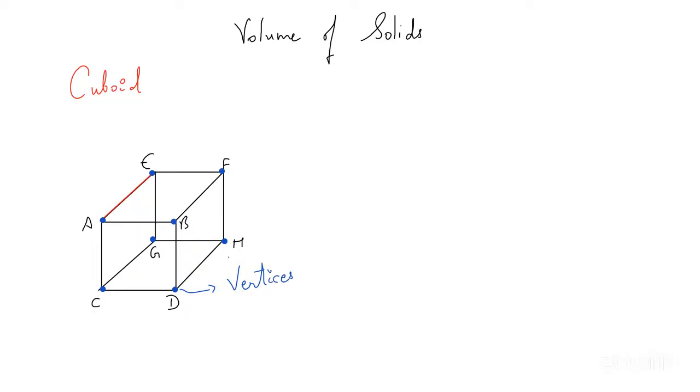This red one is known as your edge. An edge is made up of two vertices joining together that are a part of a side. Hope you all are understanding edges and vertices. Joshua.